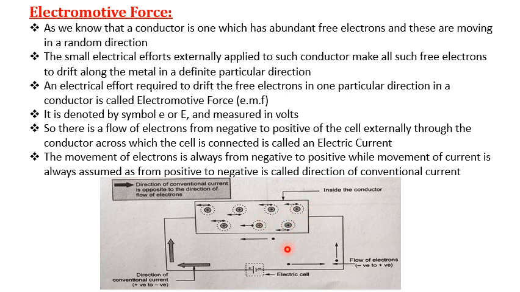So there is an electric cell connected with the conductor. Once you switch on this electric cell, obviously there will be a force acting on the conductor, which tends to move these electrons.